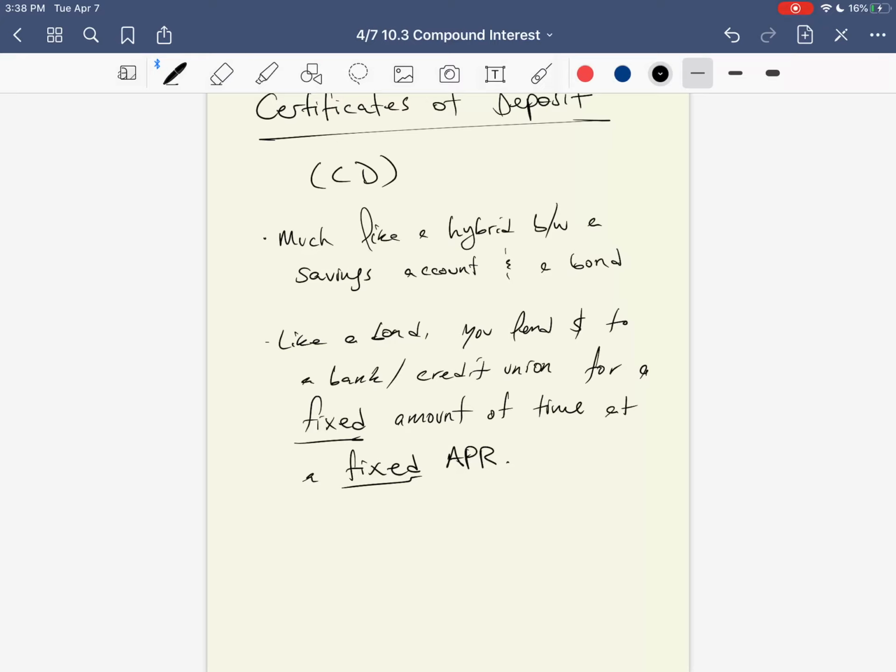The difference is that instead of paying it all back in one lump sum or calculating the interest based on the initial investment, now the interest is going to change depending on the number of years you have it. Unlike a bond, interest is compounded.